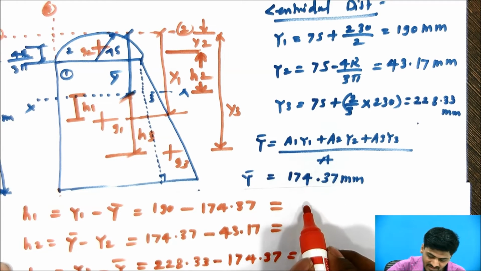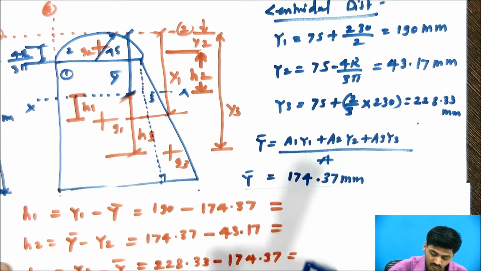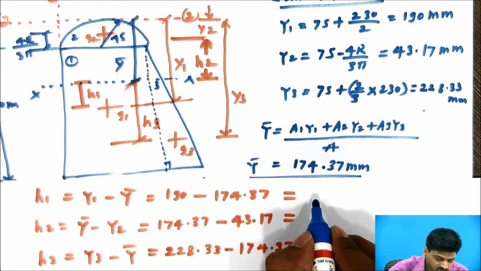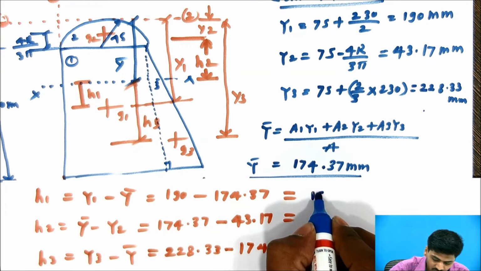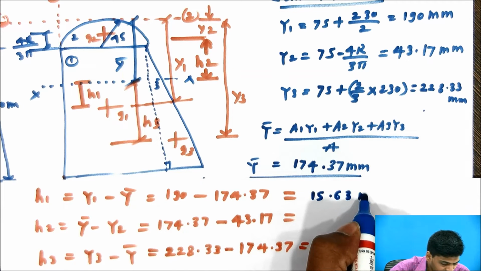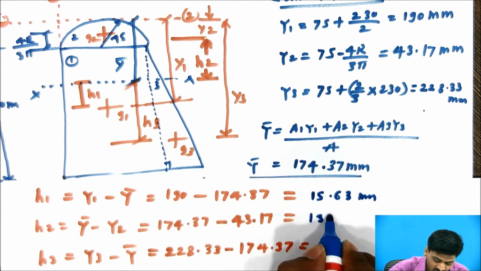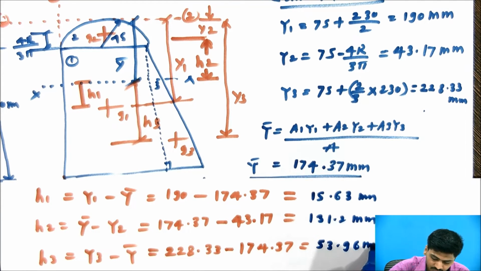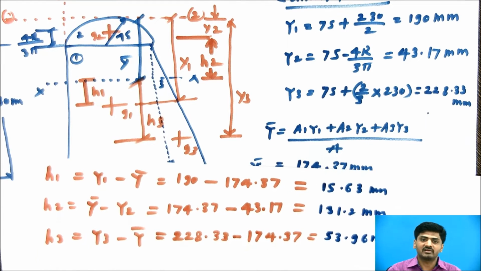So we'll get the values of H1, H2 and H3. Let's observe here, the value of H1 is 15.63 mm, H2 is 131.2 mm, H3 is 53.96 mm.